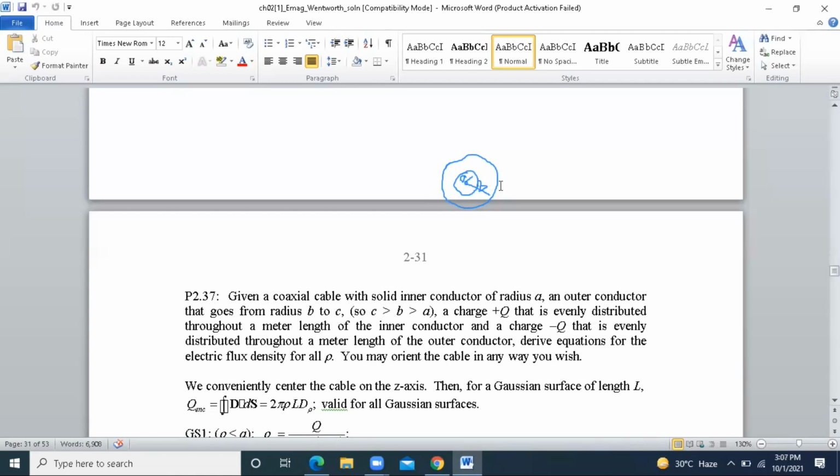So that's your flux density D. So D dot dS is nothing more than 2 pi rho, where rho is what we would call R, right? So it's 2 pi rho times L, which is the length, times d rho. Everybody see that?